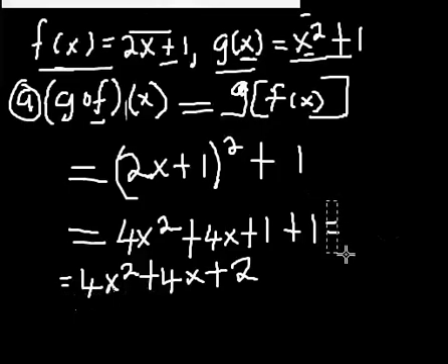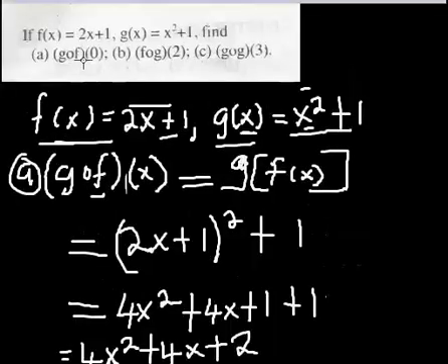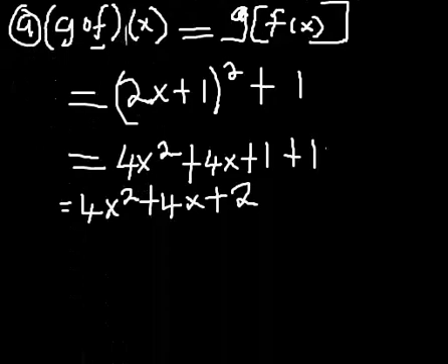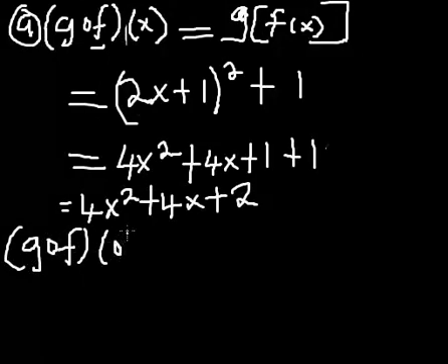After we've gotten the formula, we can express it in terms of g of f of 0, replacing s by 0. So g of f of 0 is gotten when I put 0 into this function.